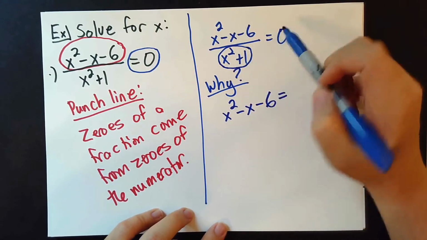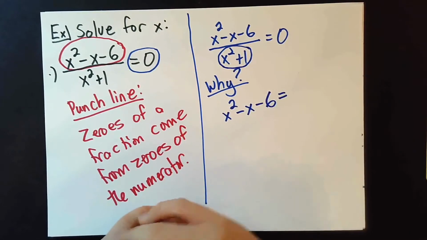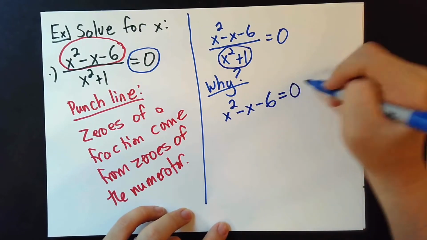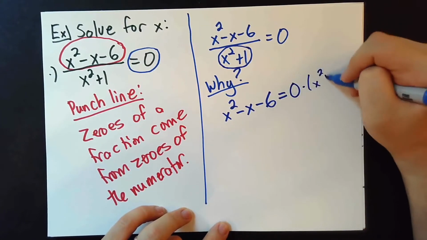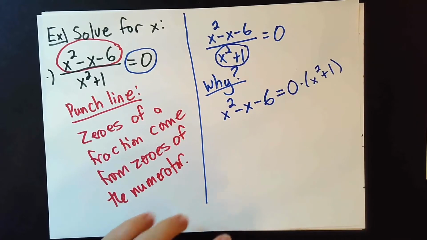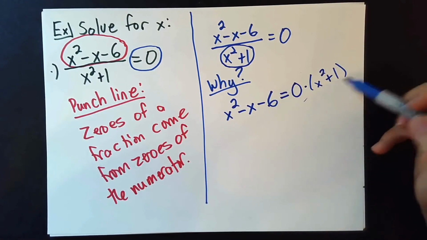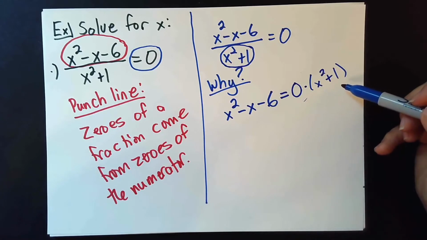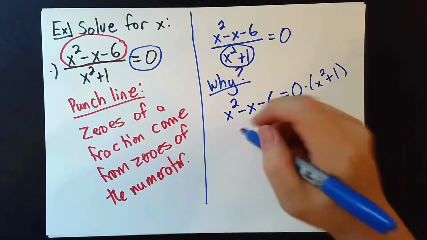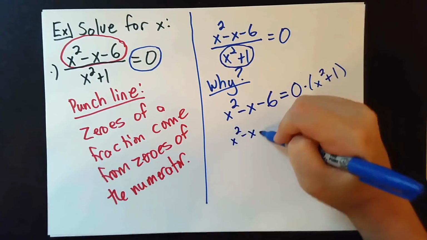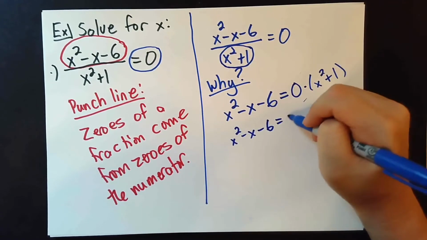And when I multiply the right-hand side by x squared plus 1, I get 0 times x squared plus 1. But 0 times x squared plus 1, much like 0 times anything, is just 0. And so I get x squared minus x minus 6 equals 0.